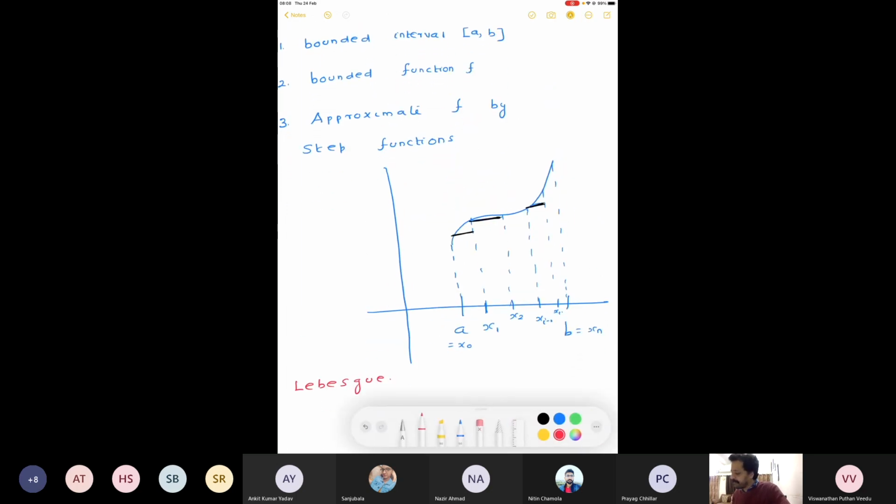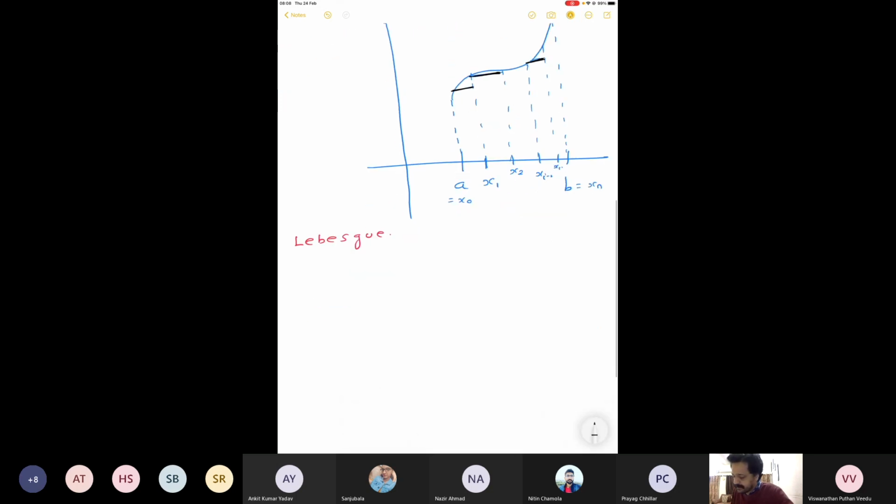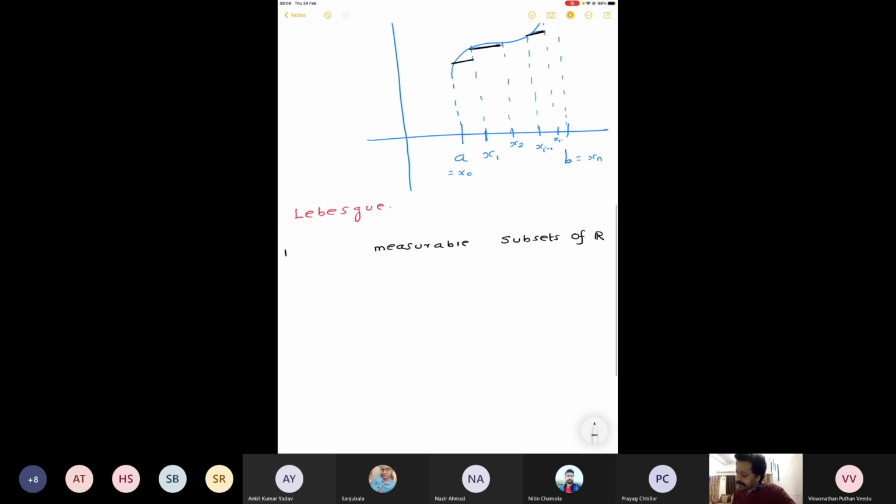Instead of bounded intervals, we will have measurable subsets of R. In fact, to start with, you may even assume bounded subsets which are measurable.